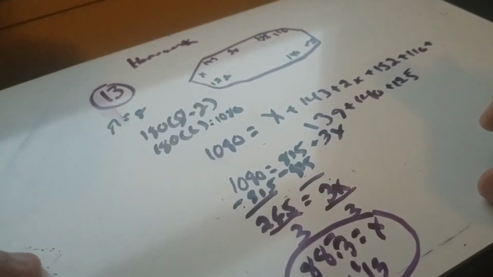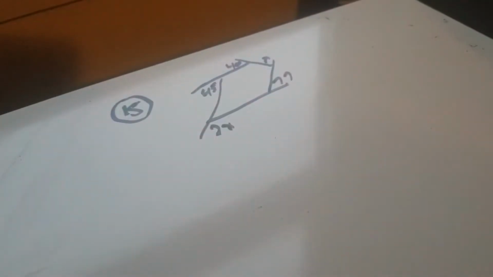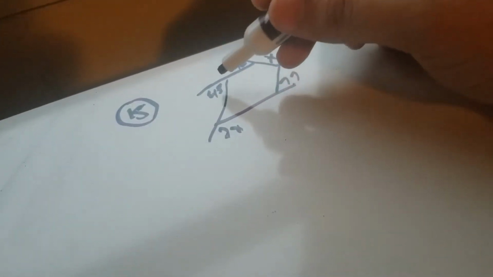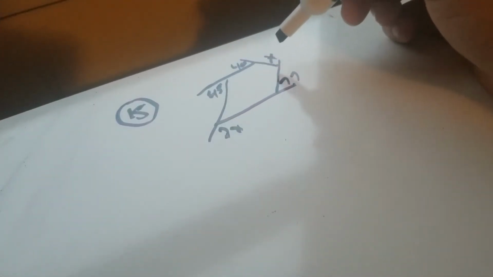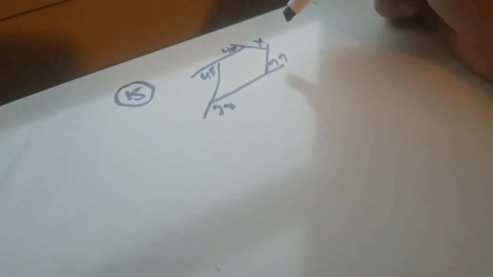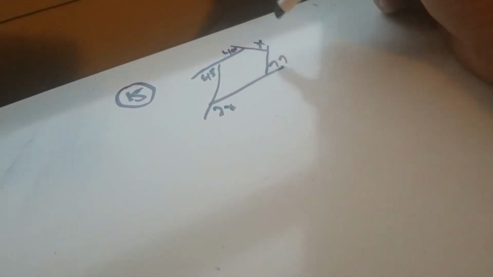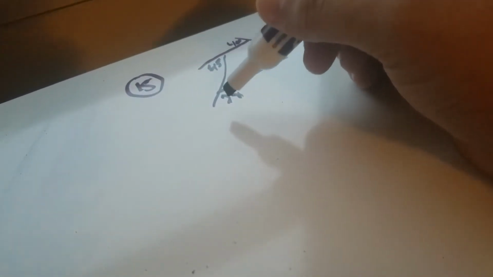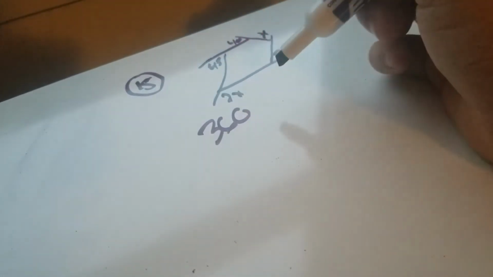So that's 13, and I'm about to go over, I believe, 15. All right, next one. We have 40, 45, 2x, 77, and x. These are exterior angles. So no matter if there's 5 or 500 exterior angles, it always adds up to 360. No need to do any work in that aspect.